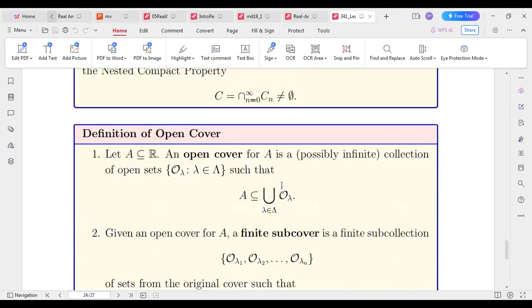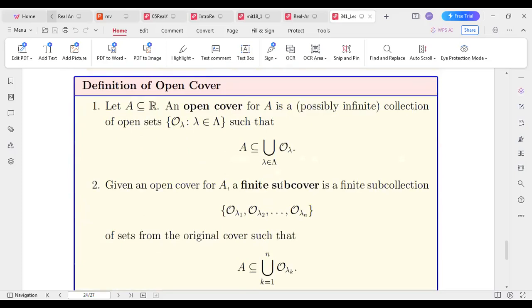Now what is an open cover? Definition of open cover: let A be any set which is a subset of R. An open cover of A is a possibly infinite collection of open sets O lambda, where lambda belongs to an index set, such that A can be written as a subset of the union of all O lambda.